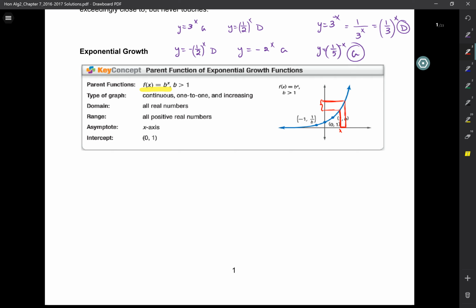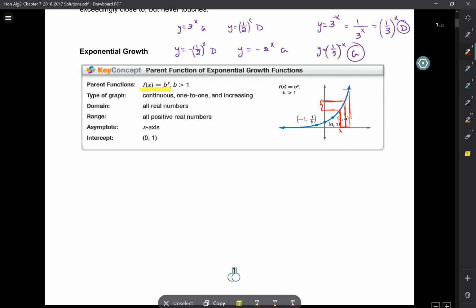But here, as the function progresses, if I go over a tiny little bit, I go up so much more in the y. So look, here, I went over a little bit, and I went up this much. Then I went over a little bit more, even less actually, and I went up a little bit higher.